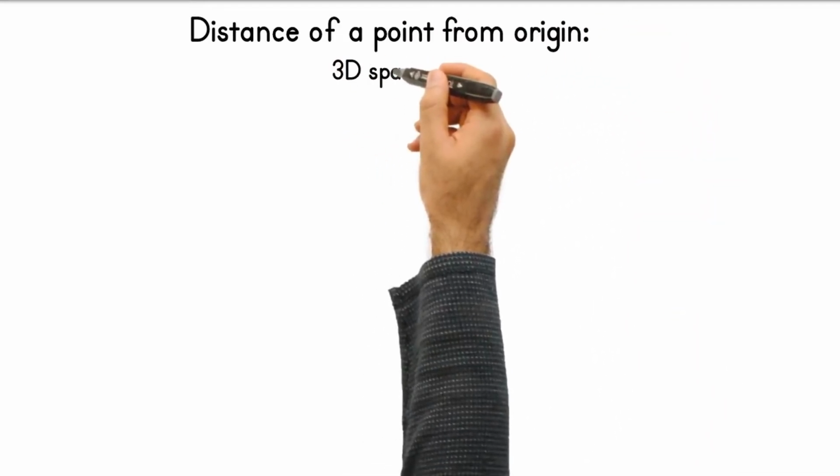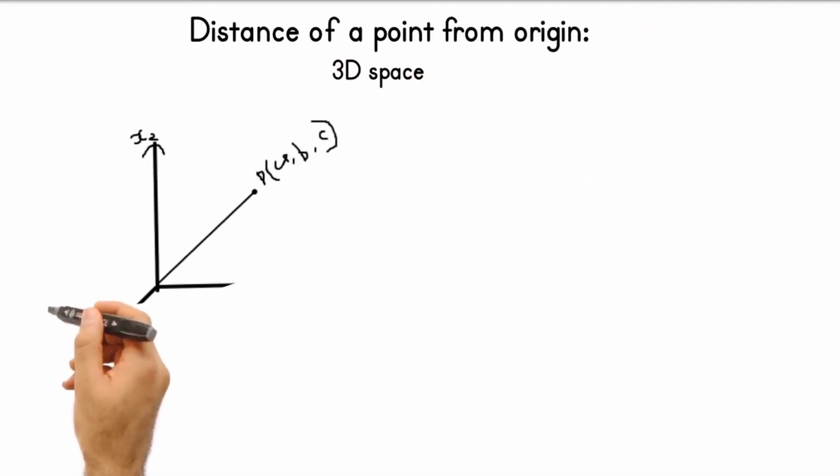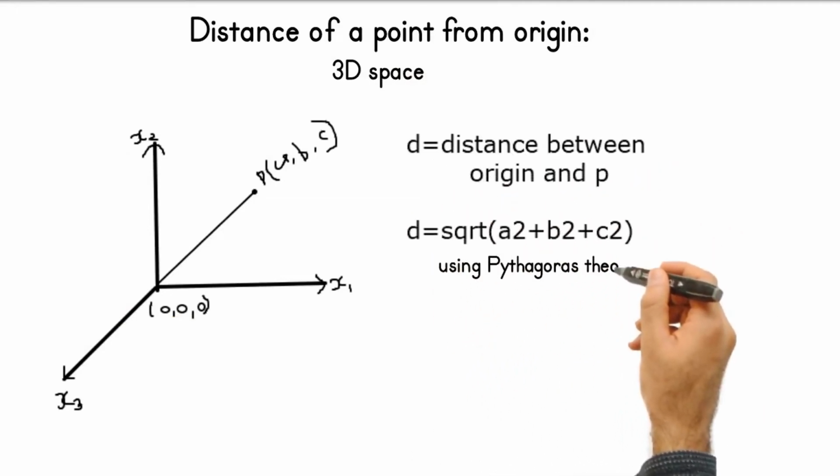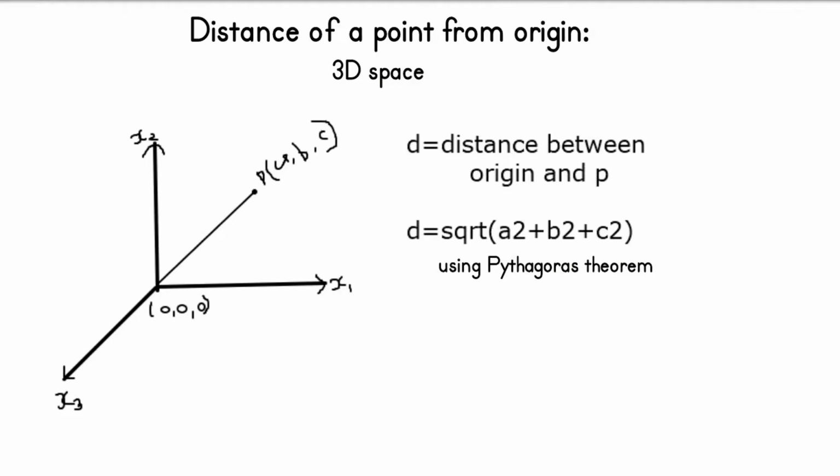We can apply the same concept to 3D also. Using the Pythagoras theorem, I can prove that the distance of this point from origin is square root of A square plus B square plus C square. We have seen distance of a point from origin in 2D and 3D. We can apply the same concept to n-dimensional also.